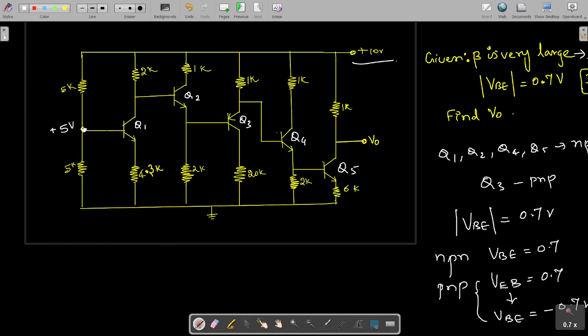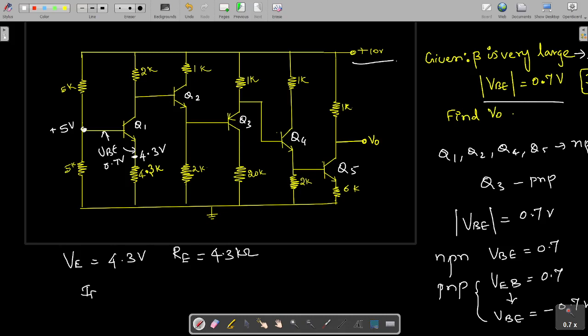After that, if you see here, this is VBE, which is 0.7 volt according to the given condition, so this 0.7 volt will be dropped here. What remains available here is 4.3 volts. So VE is equal to 4.3 volts and the resistance available is RE, which is 4.3 kilo ohms.